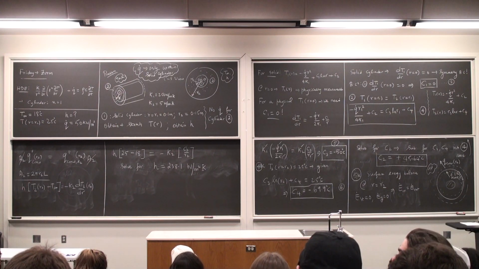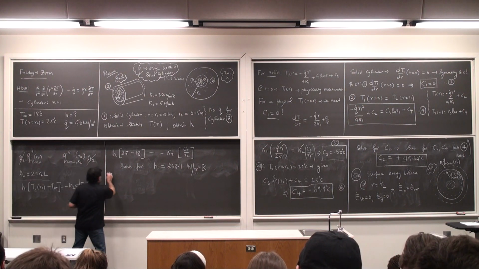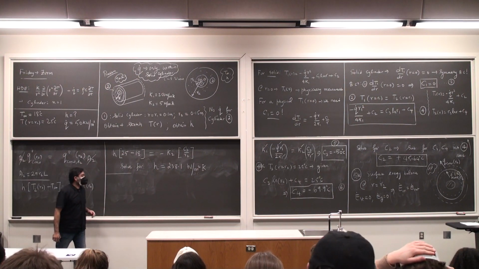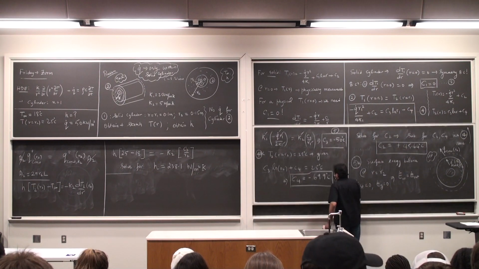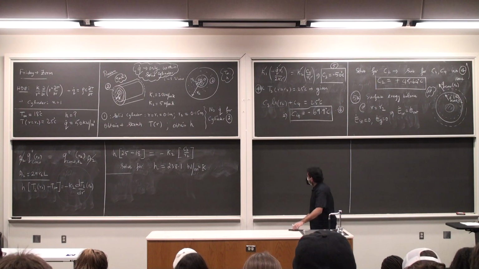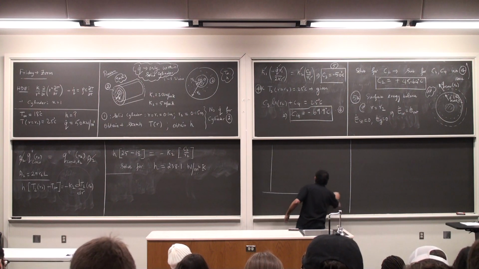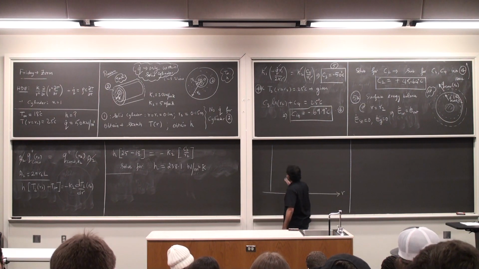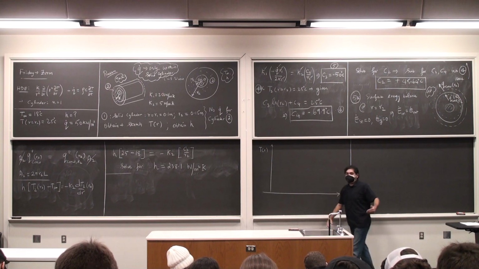Alright, so we're done with all of this. I need to draw the temperature profile, and I have a lot of good information available for us. I'm going to draw it out here. Now this is where the problem is more interesting. This is R. T is a function of R. I start at R equals 0.